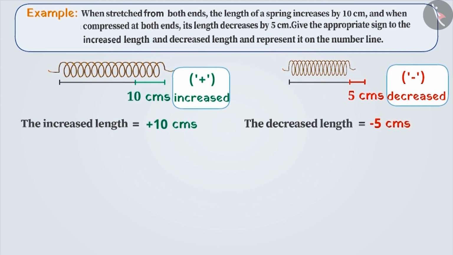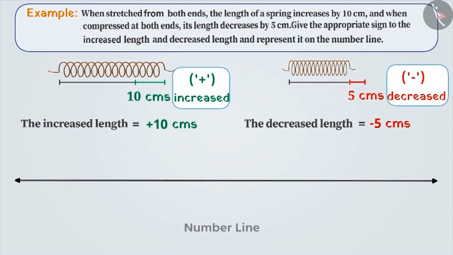To express these integers on the number line, first, we will draw the number line and place some points on it at equal distance. We will name any of these points as 0. Let us express 10 on the number line. Can you tell us how to do this? Think. Let me explain.